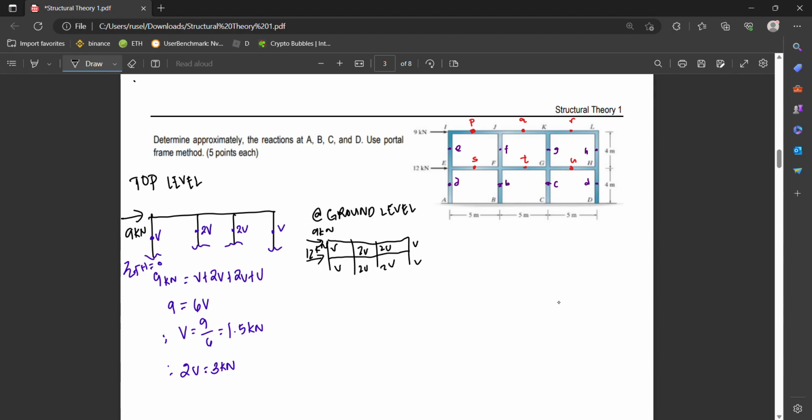Adding these, summation of forces horizontal equals 0. You have 12 plus 9 equals 6V. So 21 equals 6V. Your V is equal to 3.5 kilonewton, or your 2V is equal to 7 kilonewton.